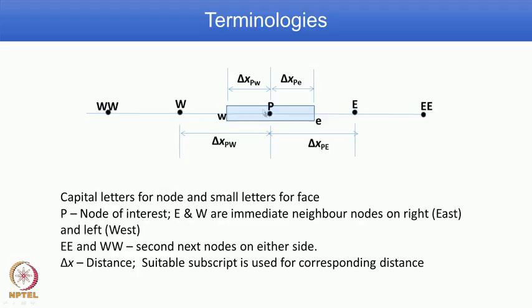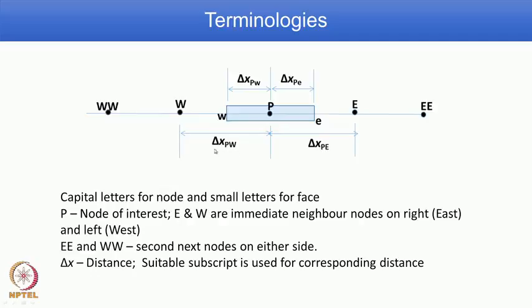Distance between the point of interest P and the respective nodes are given by the corresponding subscript. In this case, for example, the distance between node P and node W, because it is 1D, is delta x with the subscript PW.